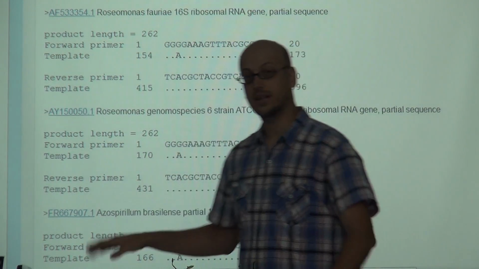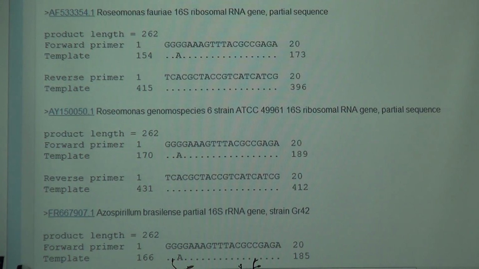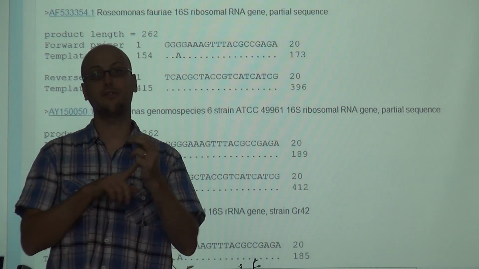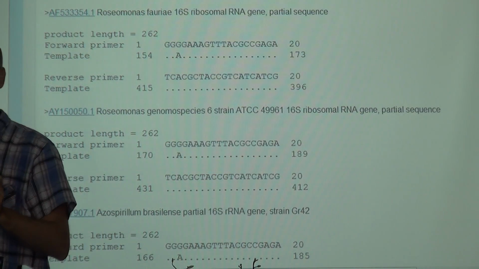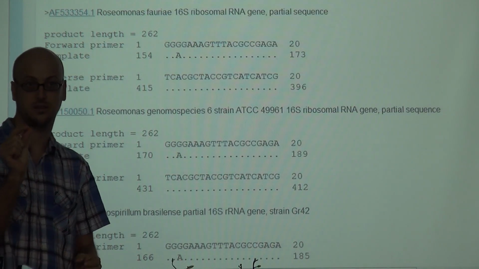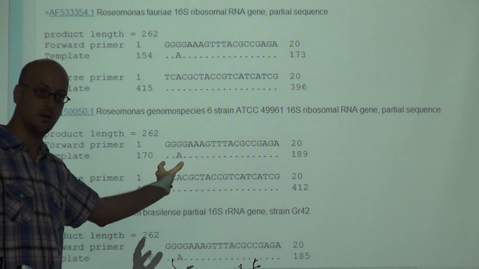The software can give us different primers if we use different target species. So if our target sequence is a little bit different, even very small differences, then we can have different primers.